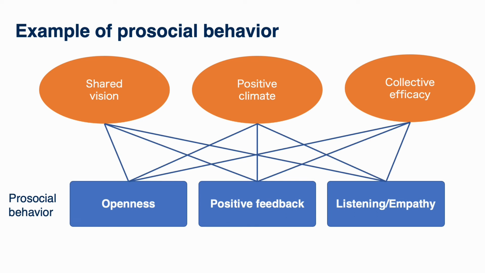You may already understand these three elements for shared leadership are important: shared vision, positive climate, and collective efficacy. In order to realize the leadership, I suggest three prosocial behaviors that you are able to offer to others: to be open, to give positive feedback, and to listen with empathy.